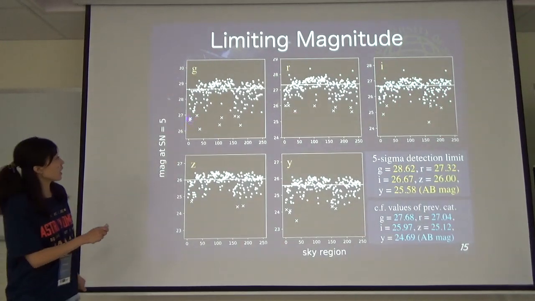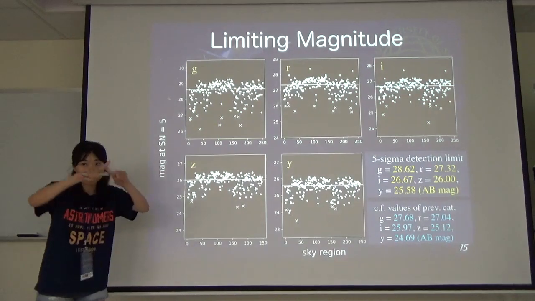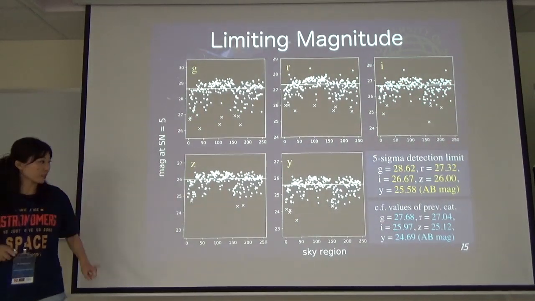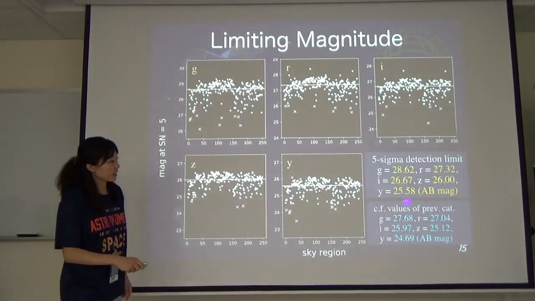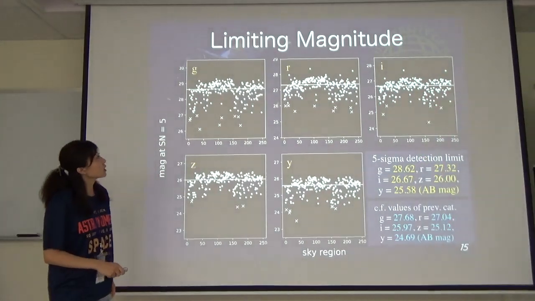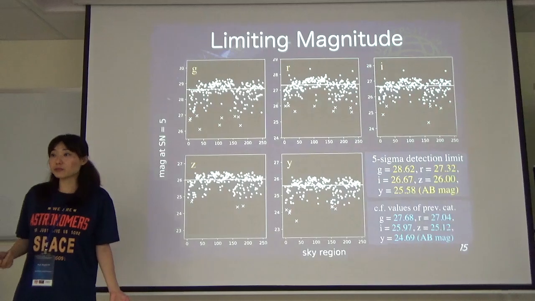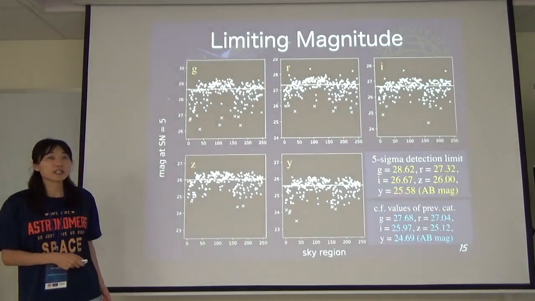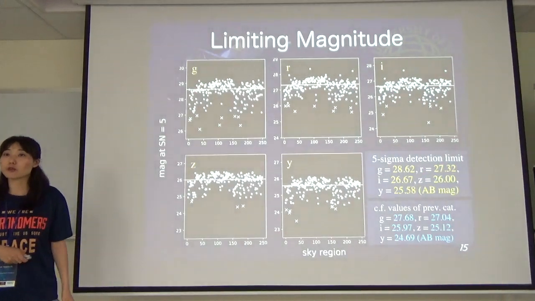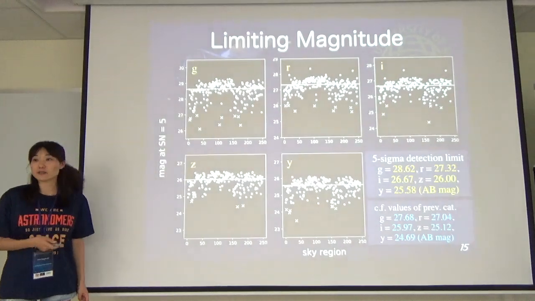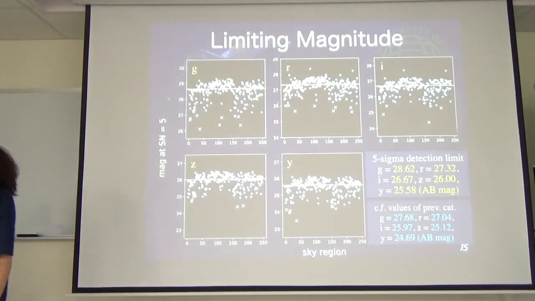So the clipped out data is marked with a cross mark, and this is the result of the 5 sigma detection limit. Generally speaking, this value is 0.5 to 1.0 magnitude deeper than the last version catalog. That is great.